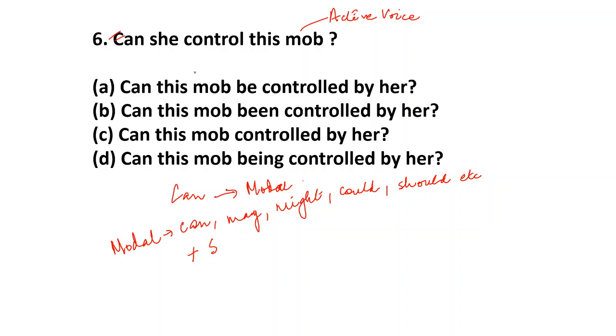Now when a modal is there, modal plus what comes? Subject comes. Now this is the subject. Then comes V1, the first form of the verb. V1 comes, plus the object comes.